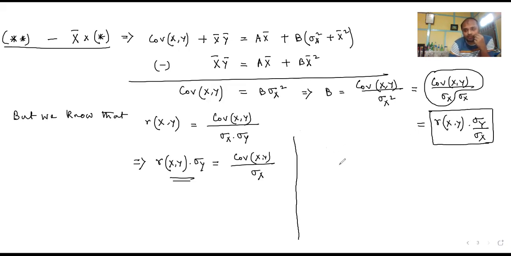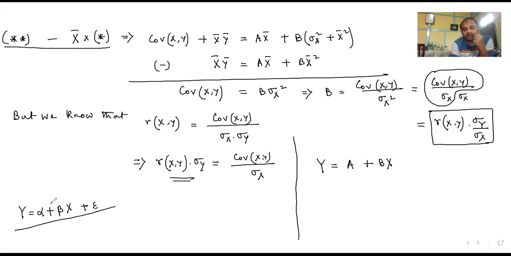What was my equation? My equation was y equal to a plus bx. Remember, I am not writing the error term. The original equation was y equal to alpha plus beta x plus epsilon.